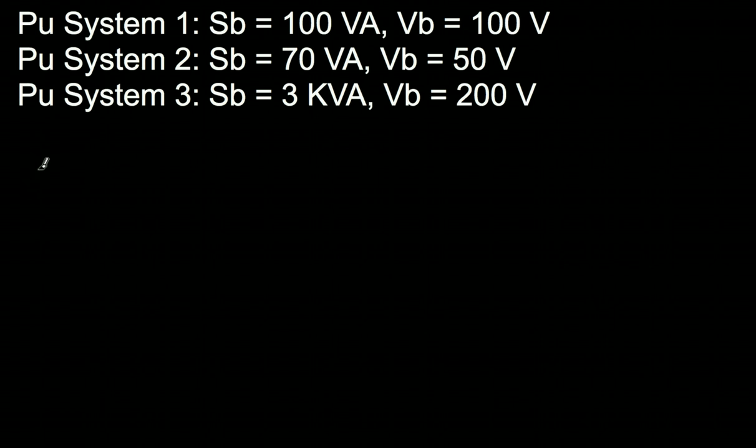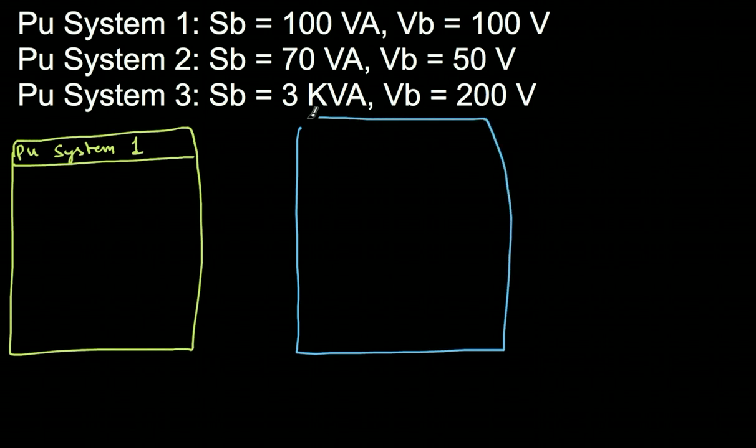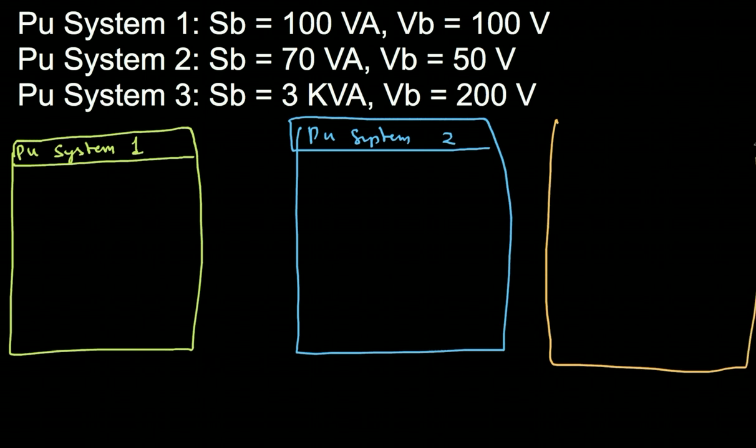So per unit system 1, then I have per unit system 2, and let's say I have per unit system 3.